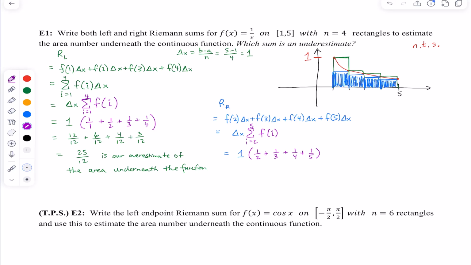This time our common denominator is 60. And like I said before, this is an underestimate.